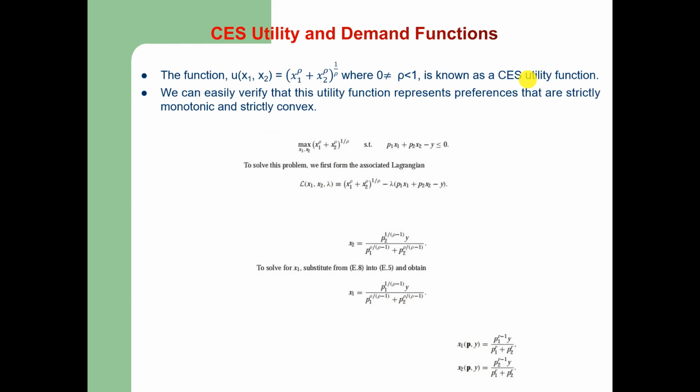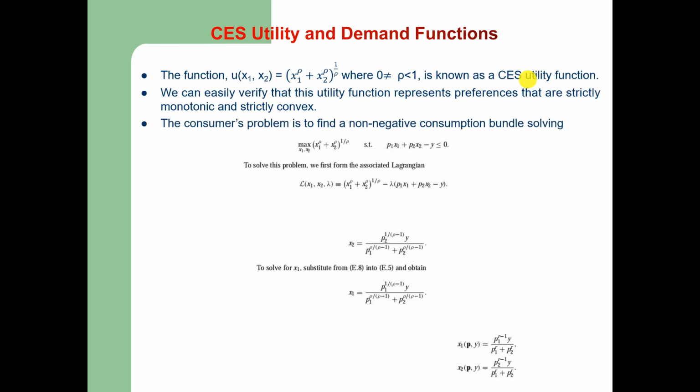We can easily verify that this utility function also represents preferences that are strictly monotonic and strictly convex, and the indifference curves derived from this utility function will be convex to the origin, negatively sloped and non-intersecting.